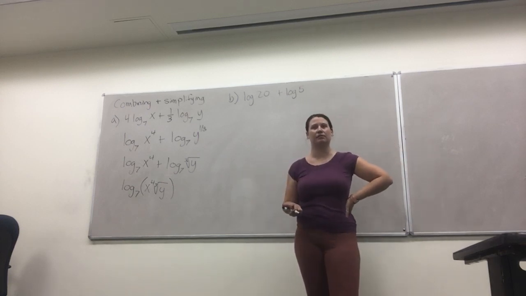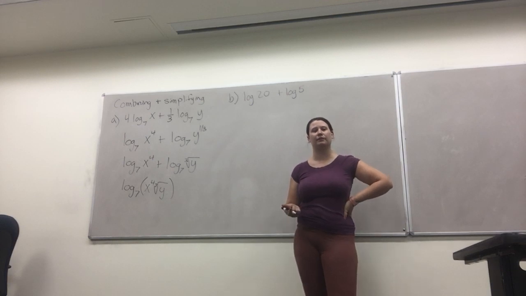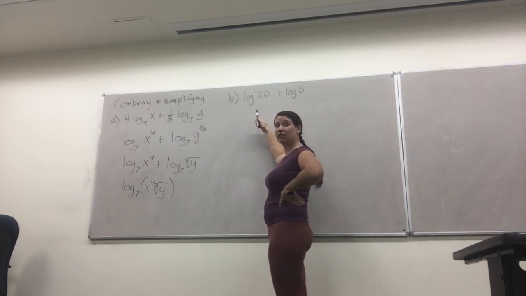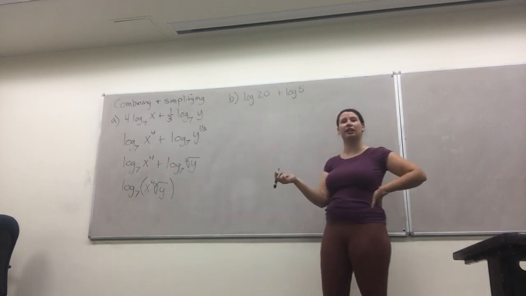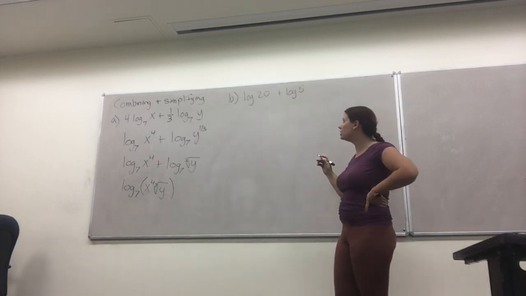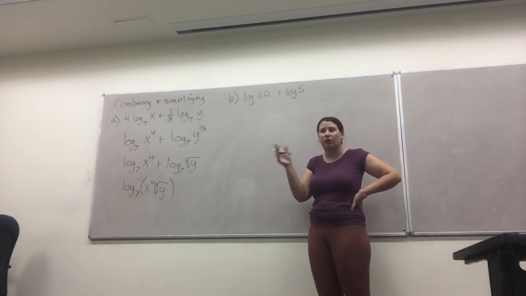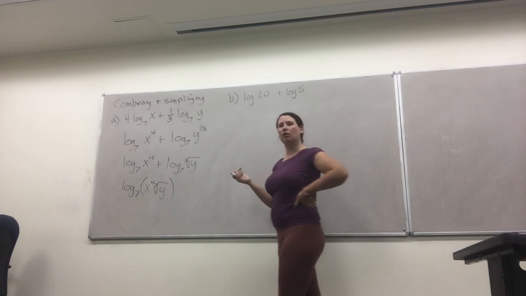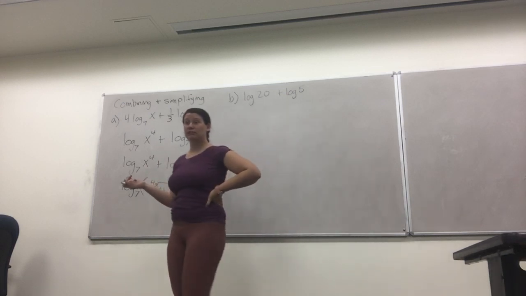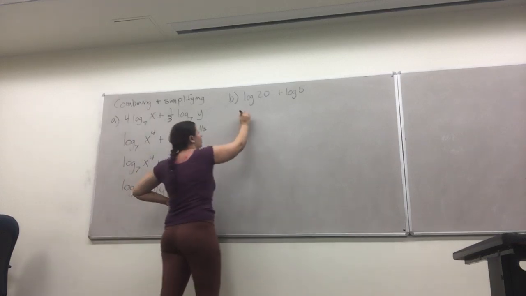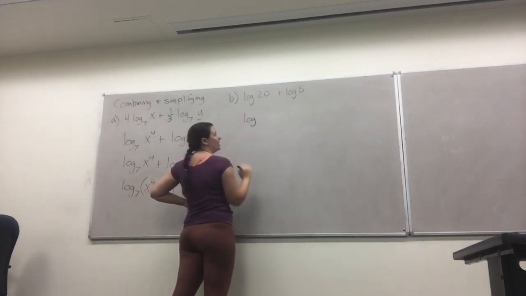And do they have the same base? Right? Base 10. An understood 10. Whenever it's not there, it's understood to be just 10. They don't have coefficients, right? It's just an understood 1. So, can we just go right into combining them? Yeah. So that's log of what?